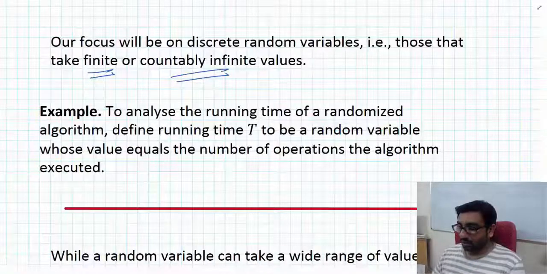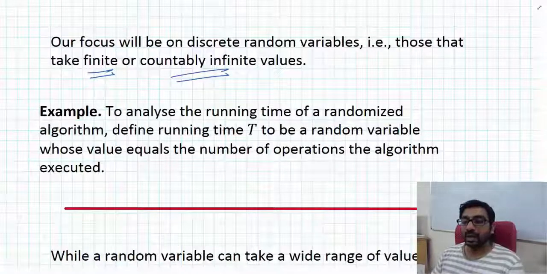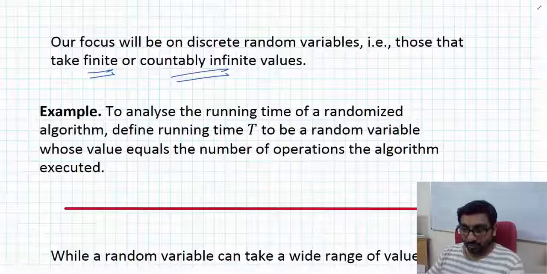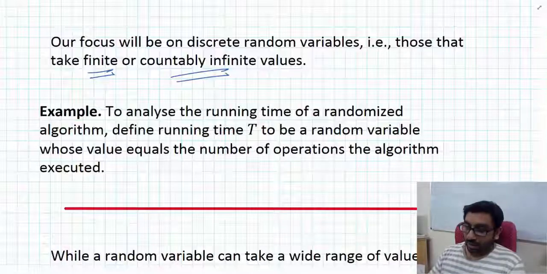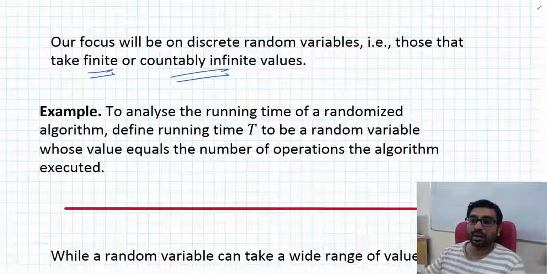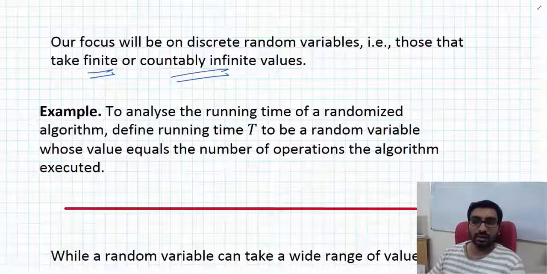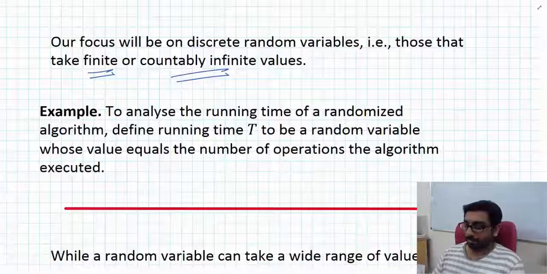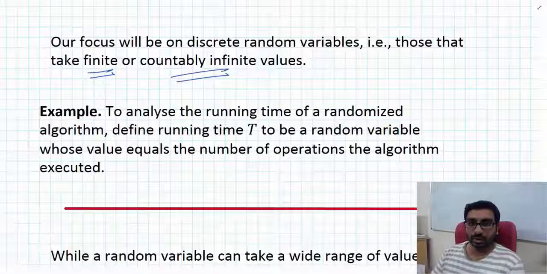And so each possible execution of the algorithm can be thought of as an event, and the set of all possible executions is the sample space. And for each execution, the number of operations performed by that execution is the random variable T. And the goal in randomized algorithms analysis, at least, is to gain a good understanding of this particular random variable T.